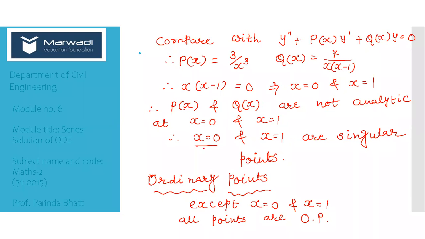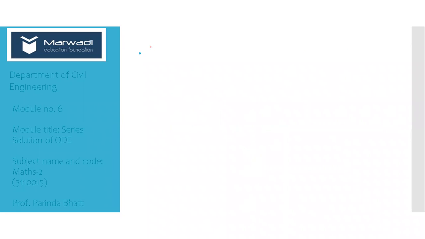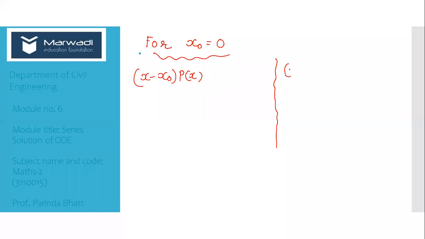Now we first check for x equal to 0, whether this is regular or irregular. For x0 equals 0, the first condition is x minus x0 times p of x, and the other condition is x minus x0 whole square times q of x.